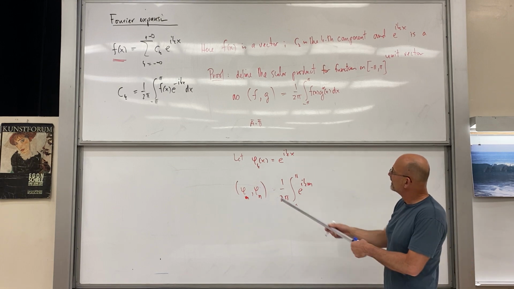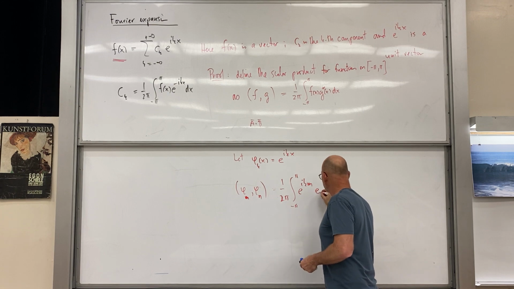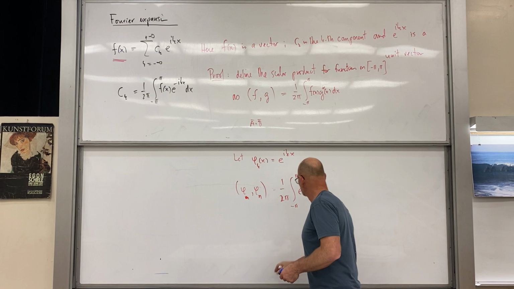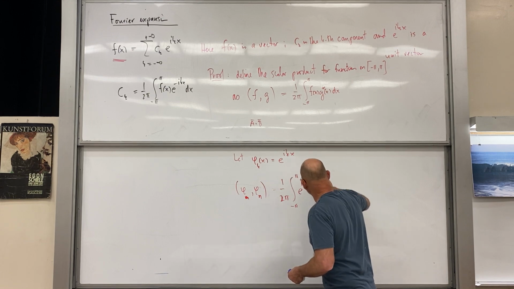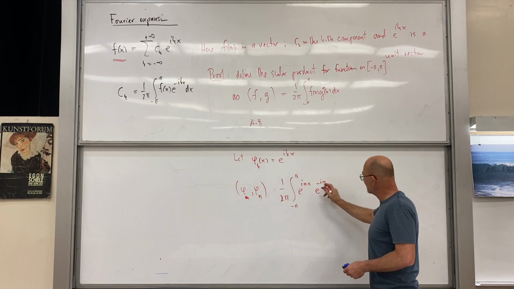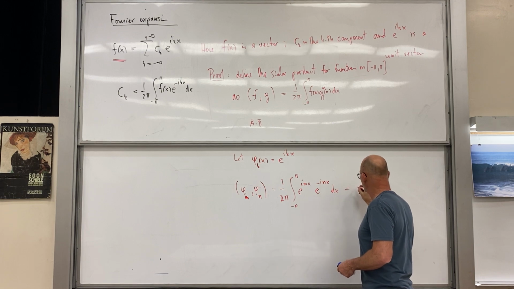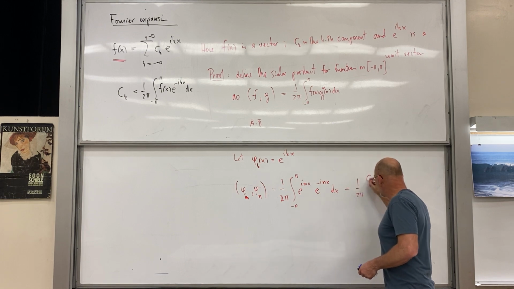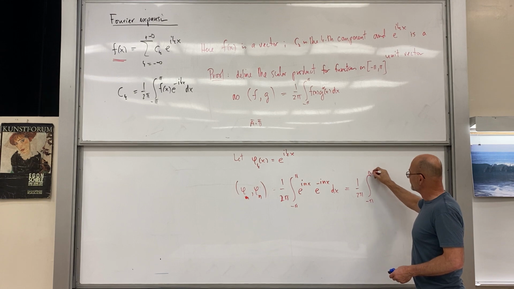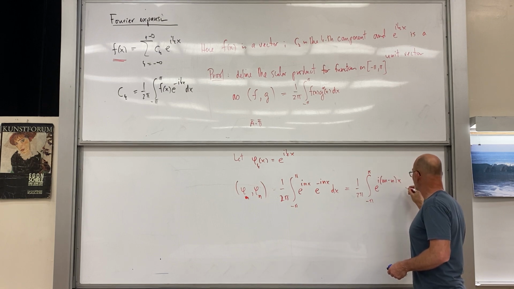Now the n has to be done complex conjugate. So e to the minus i n x dx, which is 1 over 2 pi integral of e to the i (m minus n) x dx.